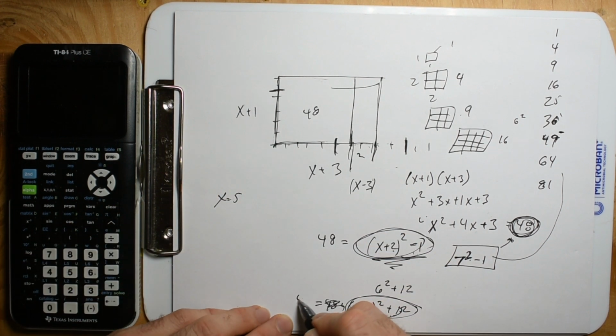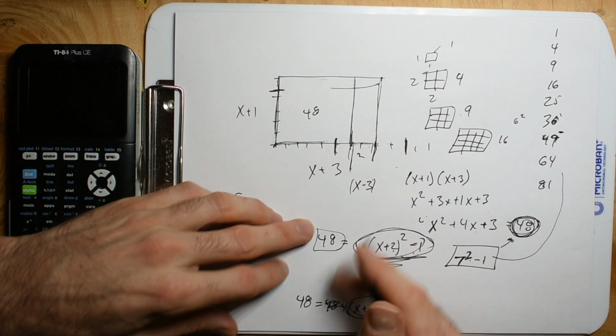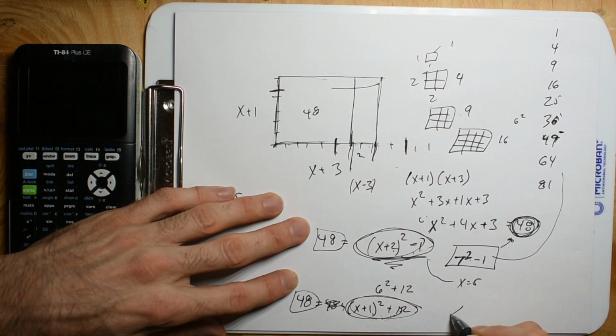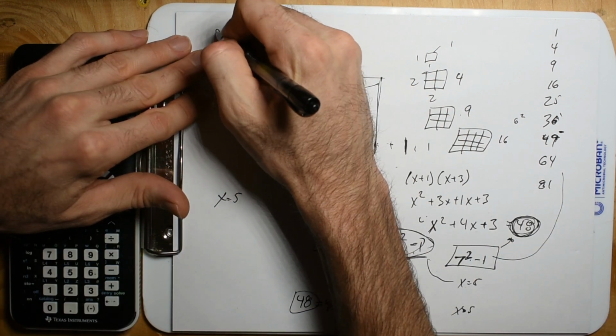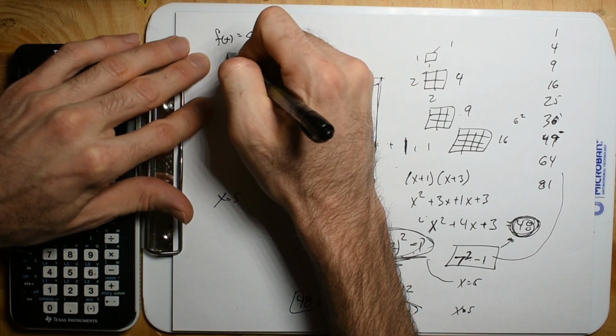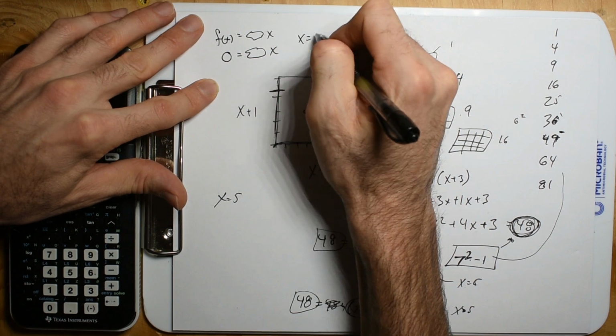So yeah, this is very specific: if the area is 48, x is going to be 5. And yeah, I'm glad I made that mistake, because it goes back to what are we talking about? Are we talking about the function, something something x, or are we saying this side is a value, and so x is one value?